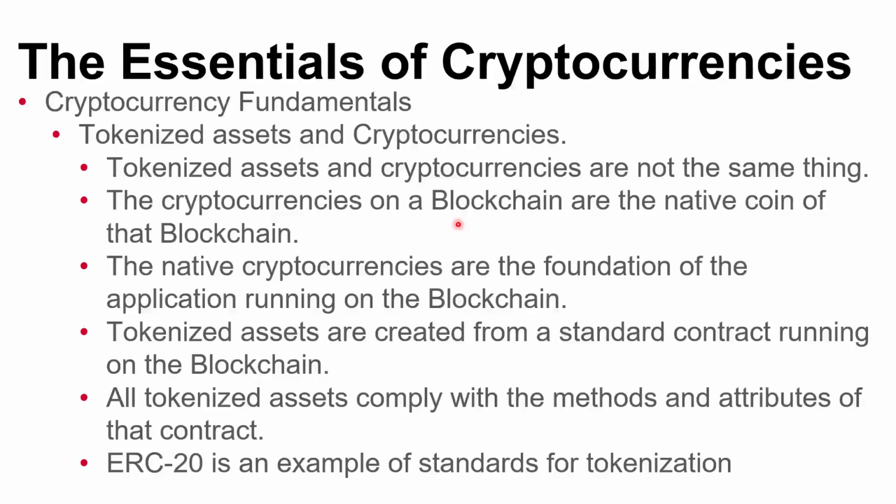Tokenized assets are created from a standard contract running on a blockchain, and all tokenized assets comply with the methods and attributes of that contract. If we want to tokenize an asset, we have to think about those identifying characteristics or attributes that we can then build into the token.